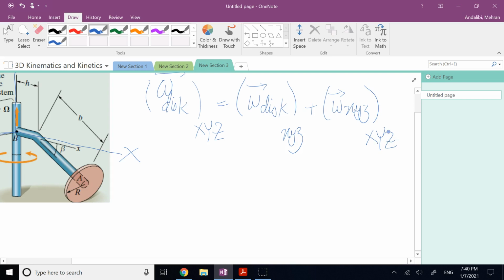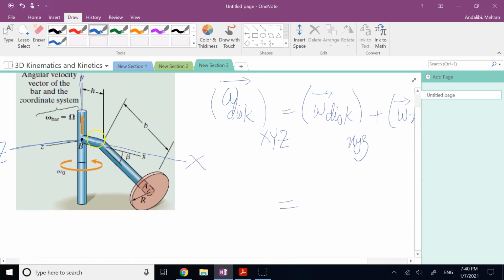Right? Relative motion. Now let's see if I know them. What is omega of the disk with respect to the small xyz? And what is omega of the moving frame with respect to the fixed frame? Well, the second one is easy.